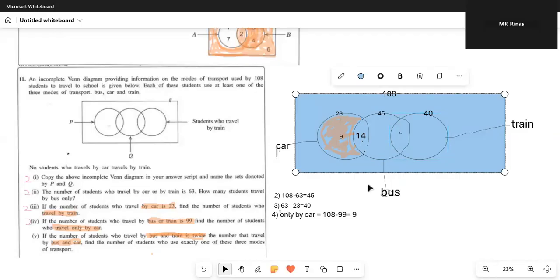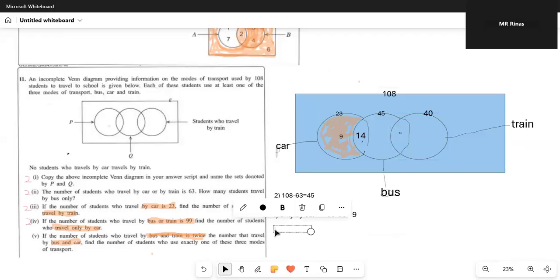So the question: the number of students who travel exactly one of these three modes.